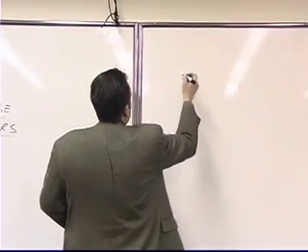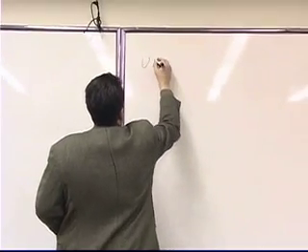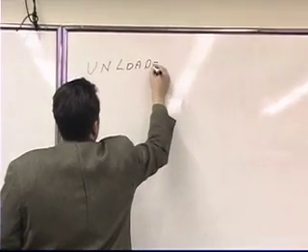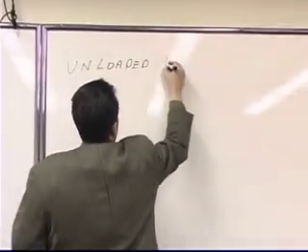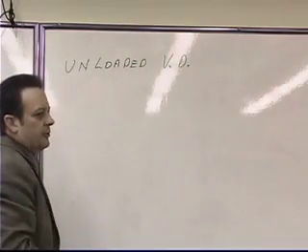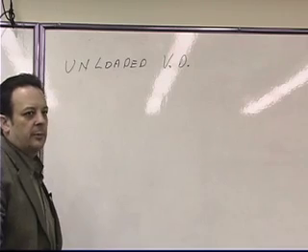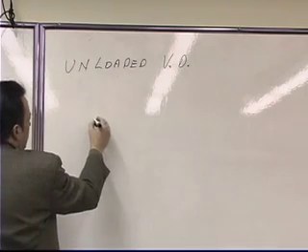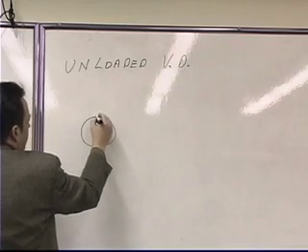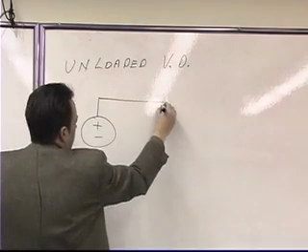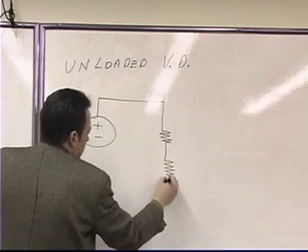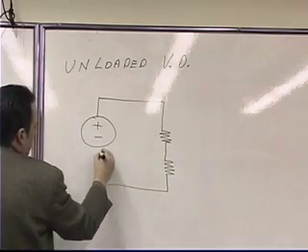Let's go now to unloaded voltage dividers. Unloaded voltage dividers. As we talked about before, an unloaded voltage divider, the simplest form, consists of a DC battery connected to two resistors that are in a series configuration.